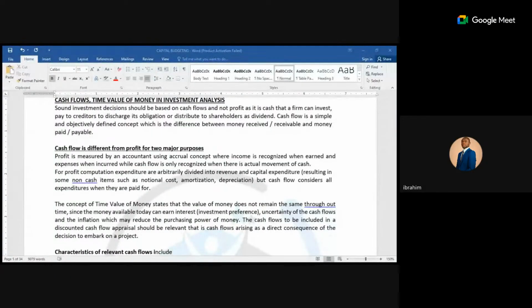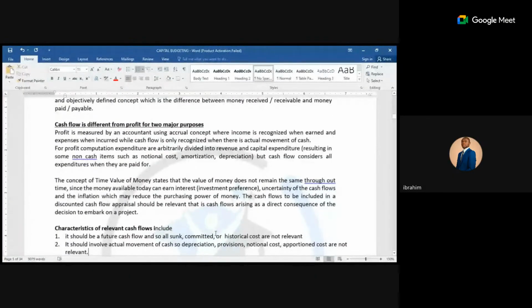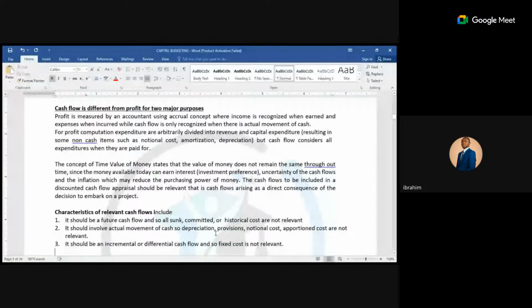If I pay you a 20,000 naira salary, whether net or gross, today we look at it as making sense. But considering real terms and the inflation of 21.2%, we'll get to that point. What I'm trying to explain is that when you're talking about cash flow, it is either the future cash flow, or we still have historical cost, the sunk cost.